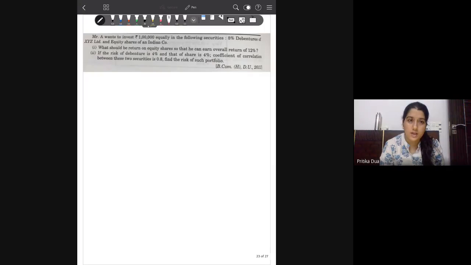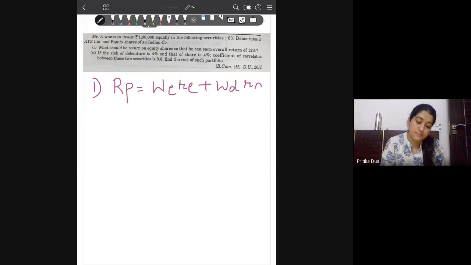So you will put the values in the formula for portfolio return. Return on this portfolio will be weight of say equity, return on equity plus weight of debt and return on debt. So weight is equal. This is 12 given to you.